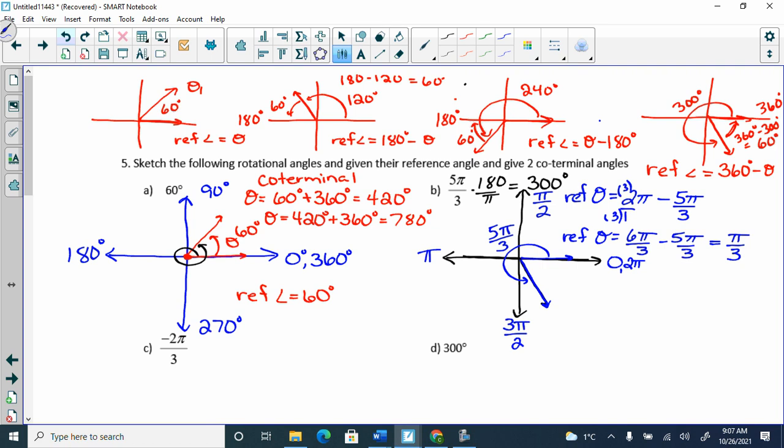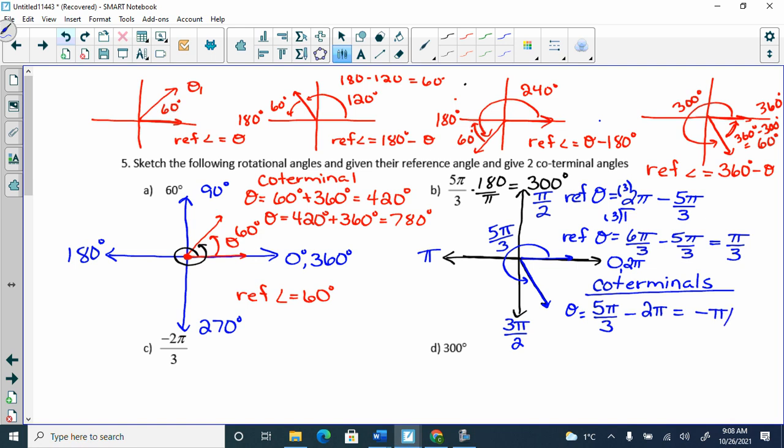Now I want two coterminals. I'm going to be a rebel, and I'm going to find the negative ones this time. So 5 pi over 3, and in this case, I'm going to subtract 2 pi, which is going to land on negative pi over 3.